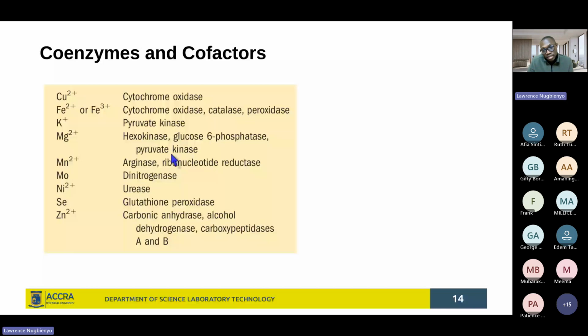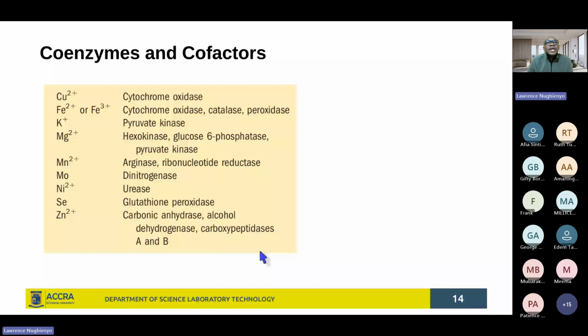There is no need to chew on this. It's just for you to see that, yes, you have metal ions that act as some prosthetic part of enzymes and some proteins. They are required for the functional structure of the protein. So you just have to know that.